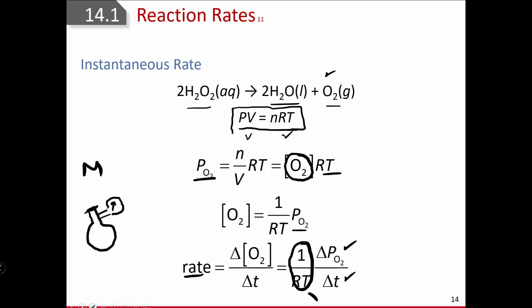Again, we're assuming R is not changing, T is not changing. R, we know, is 0.08206 liter atmospheres per mole Kelvin. And if you don't remember that, go back in chapter 10 and look at gases and look at the units for that, because we're going to be using that as well. So the main thing here is rate can be determined by pressure as well as molarity.